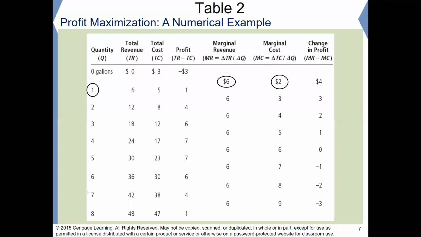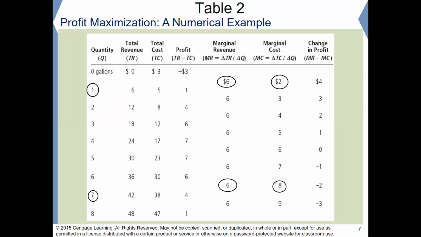But if the firm produced 7 units, from 6 to 7, the marginal revenue is 6. However, the marginal cost is 8. We can see that the marginal revenue is less than marginal cost. That means that the firm should take the decision to reduce the production in order to come up to the maximum point of the profit generation.